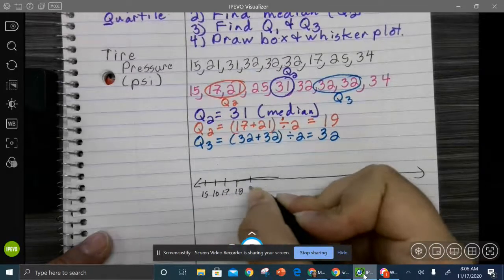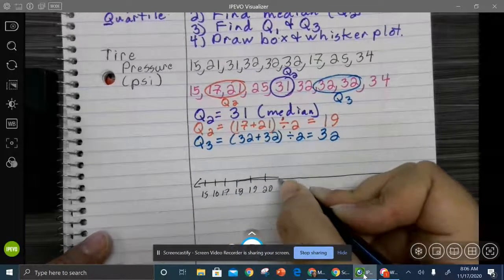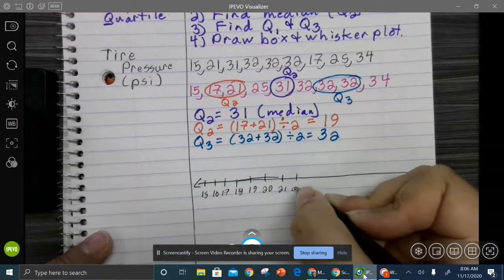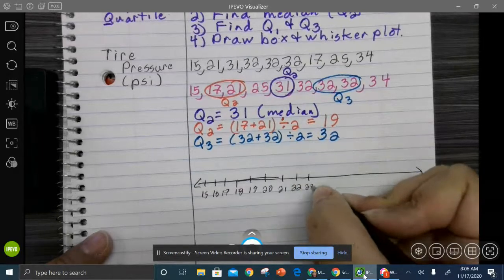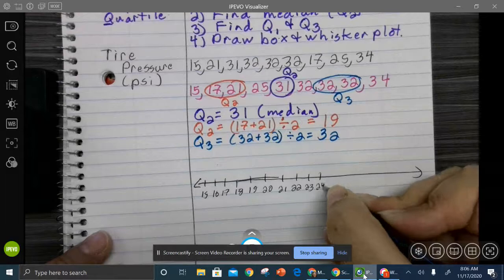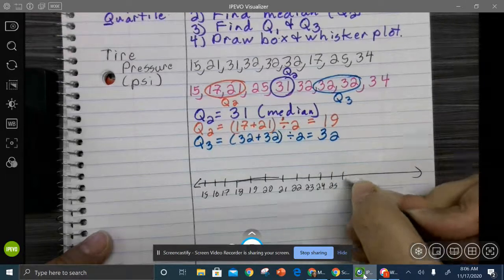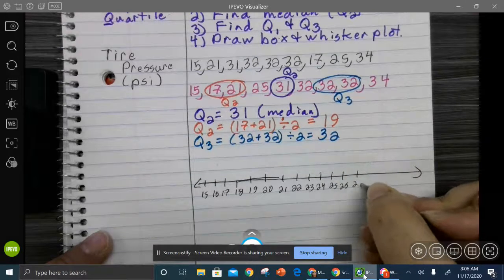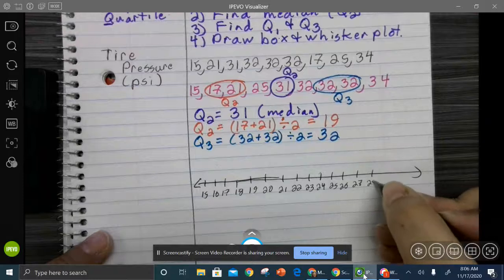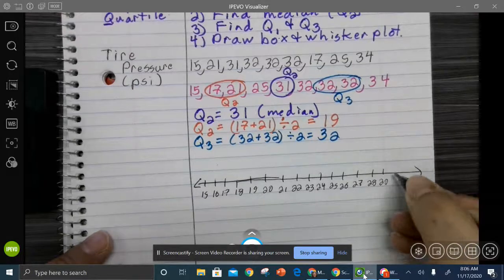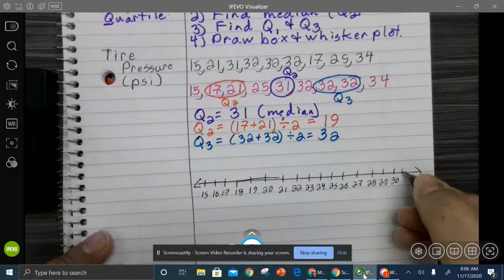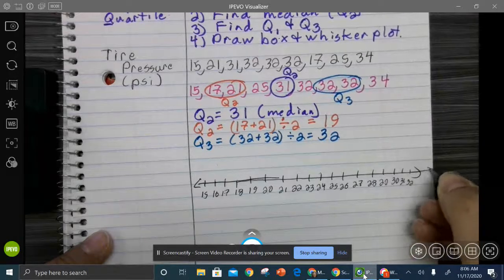I'm just going to number these. We have room here.